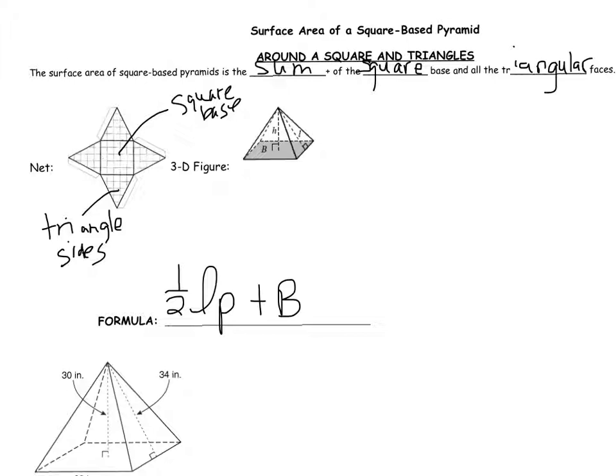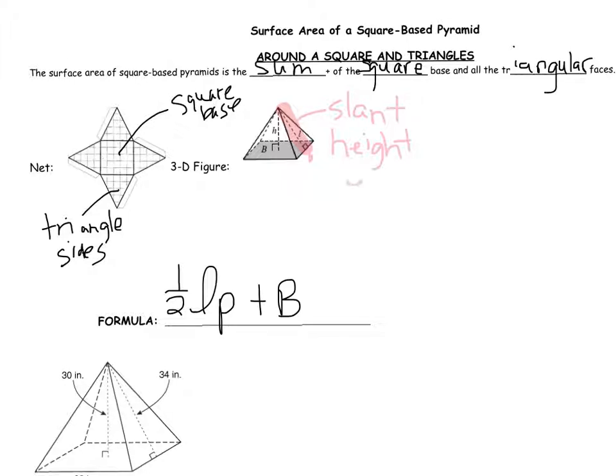Let's find the L first. The L, in this case, is going to stand for the slant height. It is going to be right here, right outside. That is your slant height. In other words, what's the height on the outside from the bottom up to the top of the pyramid?